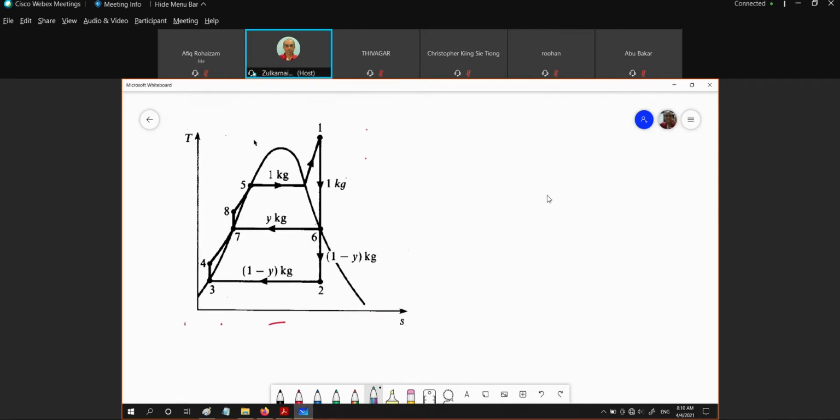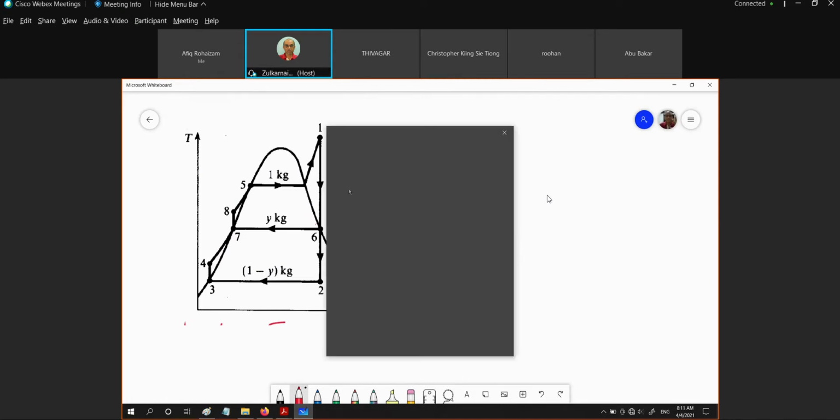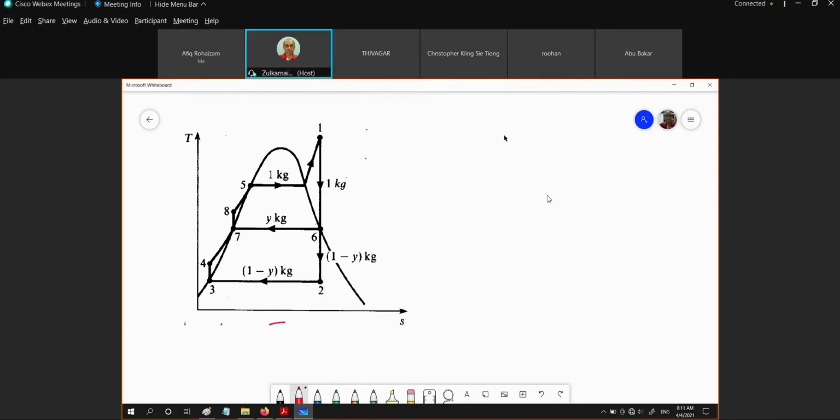Okay, the thing that we need to do is to have the energy analysis using the SFEE for each component. Before that, I would like to remind you all, this 1 kg is basically based on a flow of 1 kg of each flow, because we know that the enthalpy is kilojoule over kilogram.